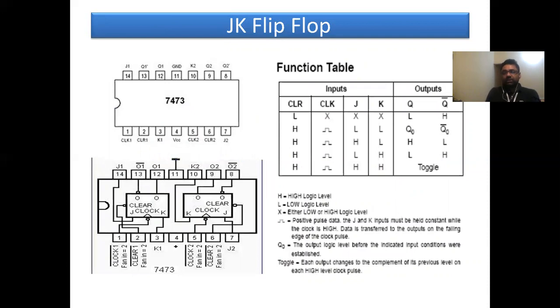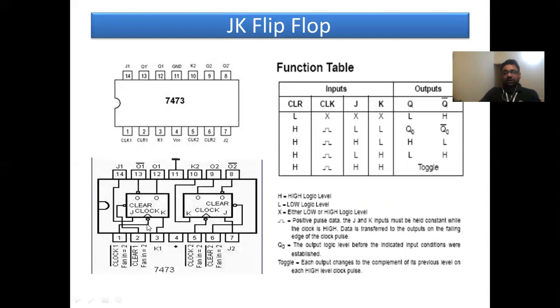As you can see on the presentation on the screen, this is the IC 7473, and in that particular IC you have 2 JK flip-flops. That means you have J1 K1 and J2 K2. Those are the 2 sets of flip-flops. A complete set is there.